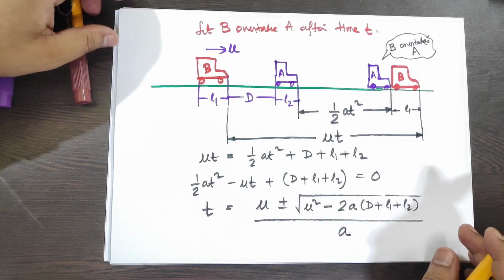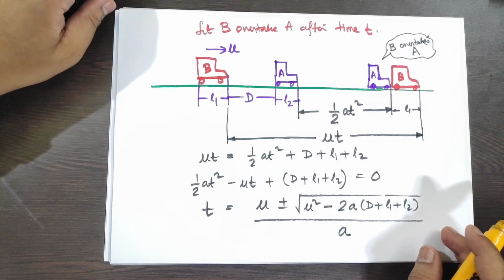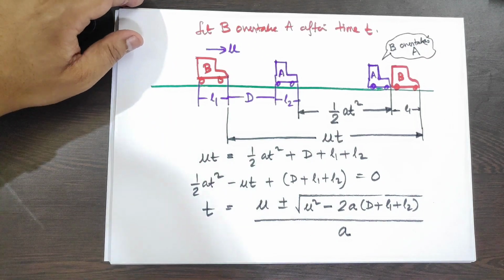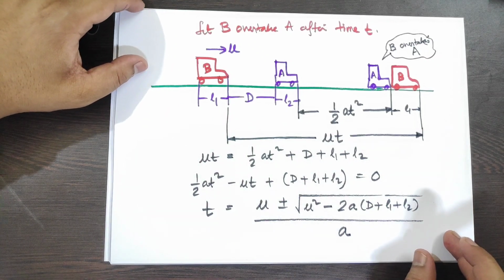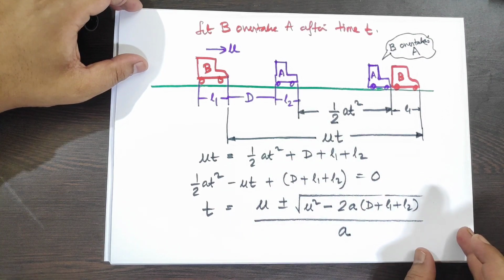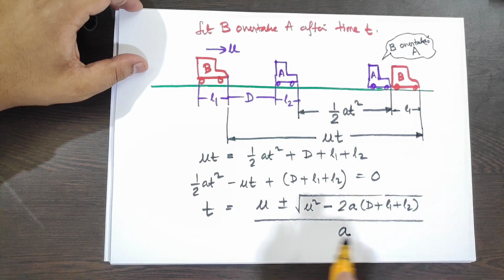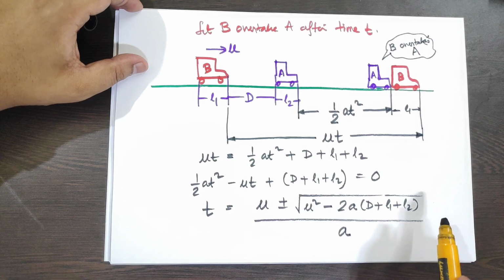There are two values, so it may happen that A and B can meet twice. A and B can meet twice because both are possible values of time, right?